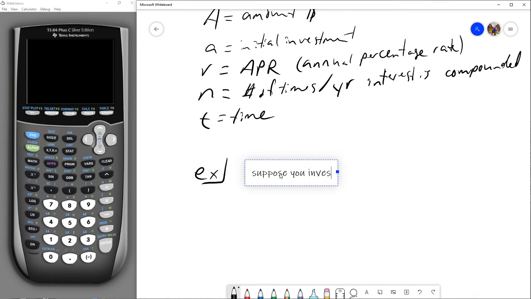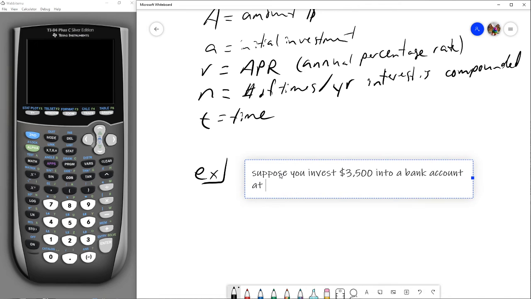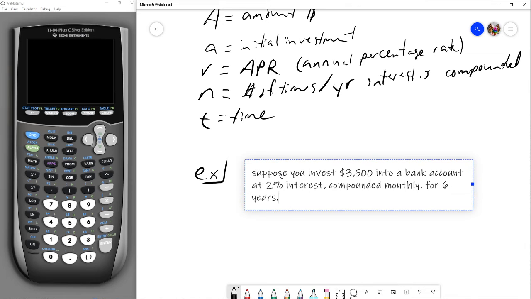Suppose you invest, how about $3,500 into a bank account at, we'll be generous, we'll pay 2% interest, compounded monthly, and you leave it in your account, say, how about 6 years?